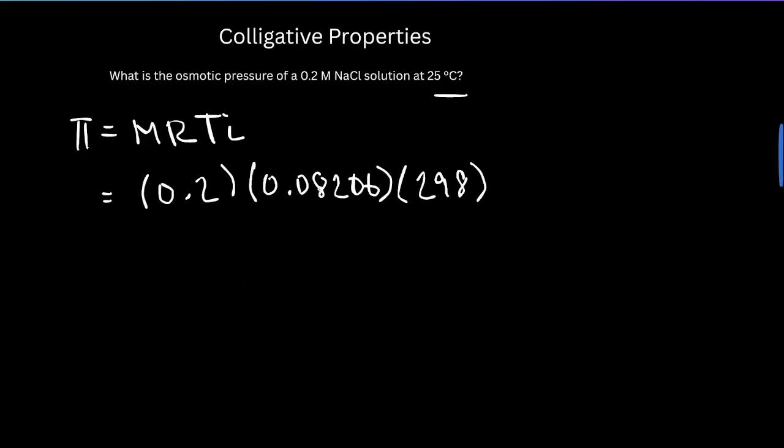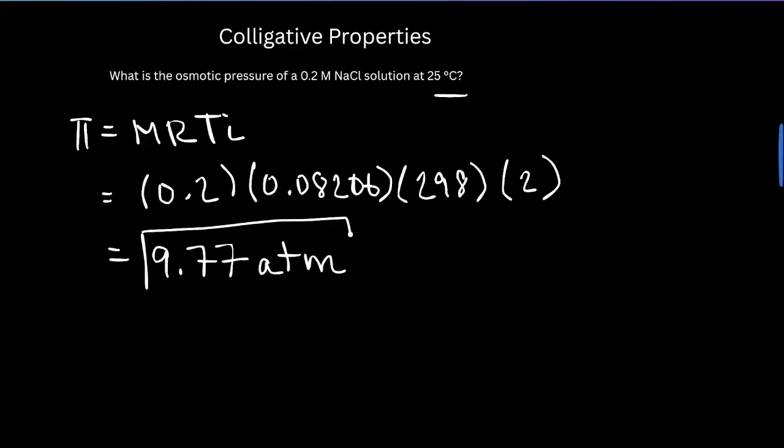So we multiply by 2. And this gives us an answer of about 9.77. We just talked about this: it's going to be in atm. So this is our answer. This is the osmotic pressure of a 0.2 molar NaCl solution at 25 degrees Celsius.